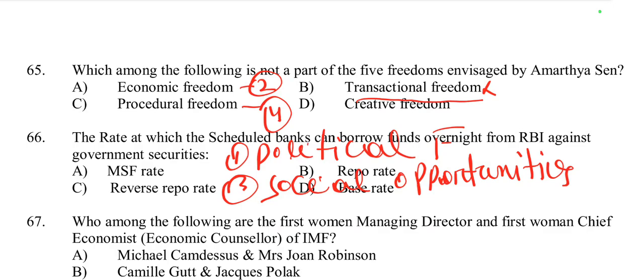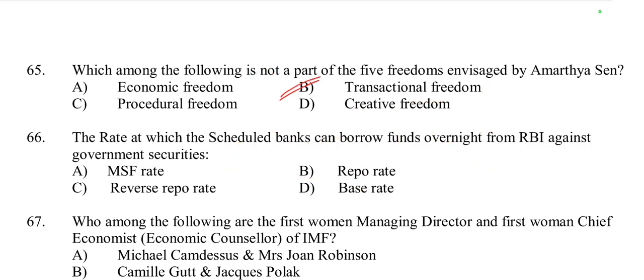Then the last one is protective security, or creative freedom. So these are the 5 freedoms given by Amartya Sen. So transaction freedom is not included in these freedoms. So here the right option is option number B.